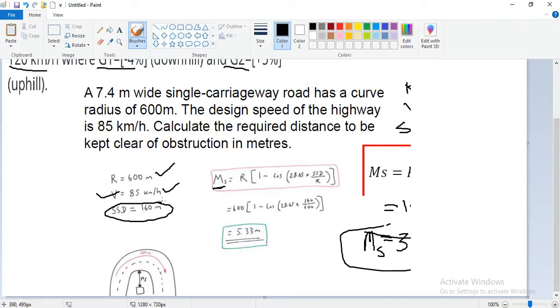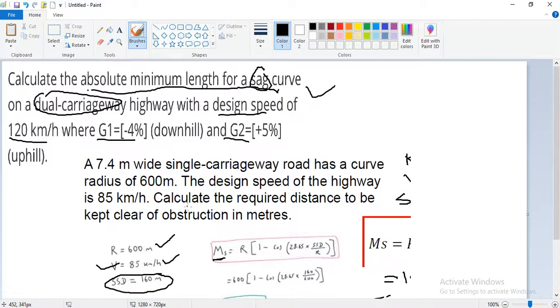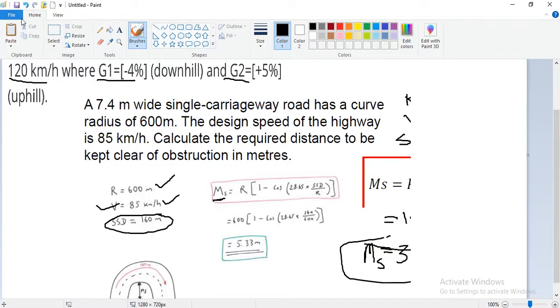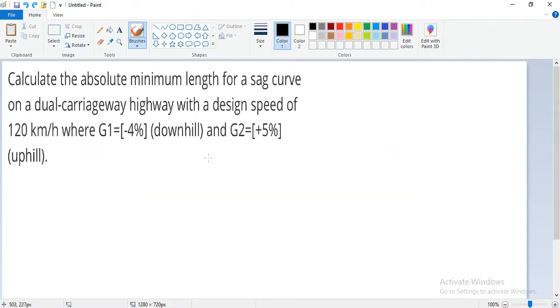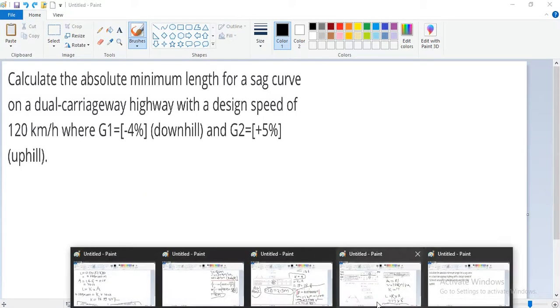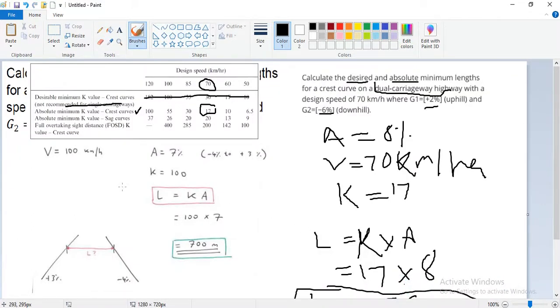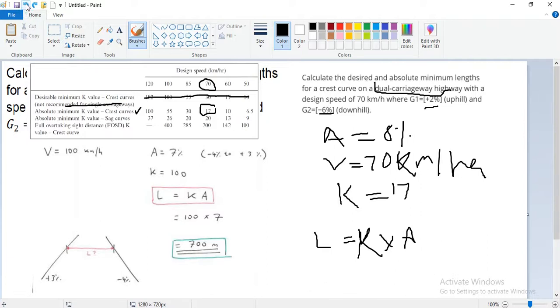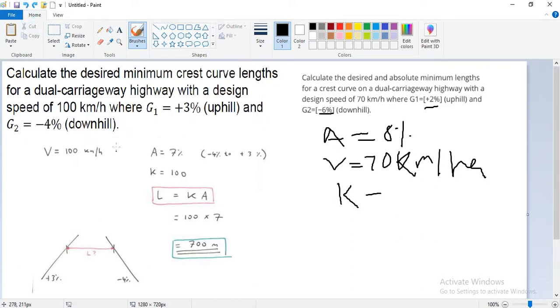This is not the question, but the question is like this. The solution will be like this one.